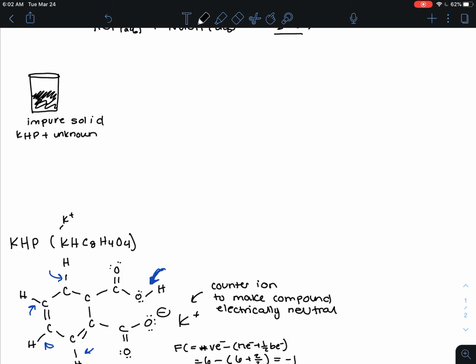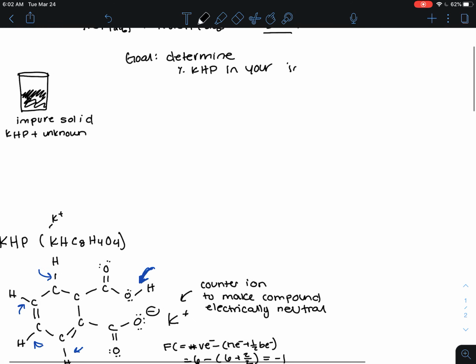You get this white powder, which you would see if we were able to physically do this lab. But you're going to see this white powder, and some of it is KHP and some of it is some other stuff. Your goal for this lab is to determine the percent KHP in your sample. Now, how can you determine the percent KHP of something?